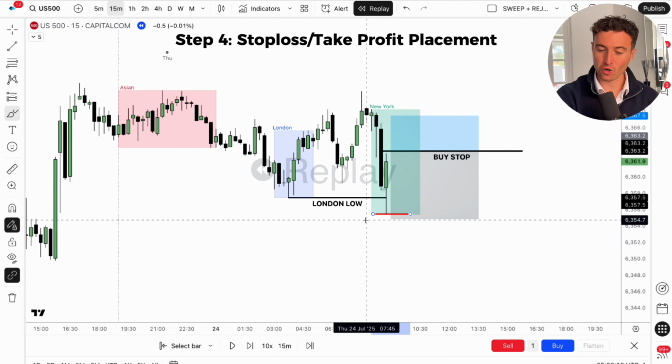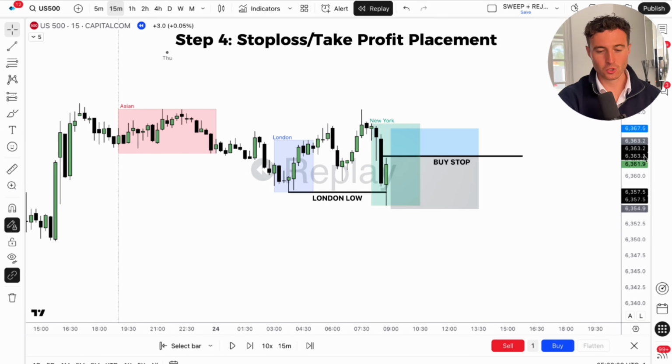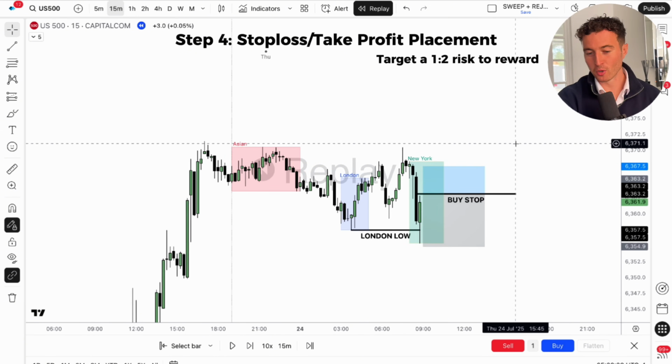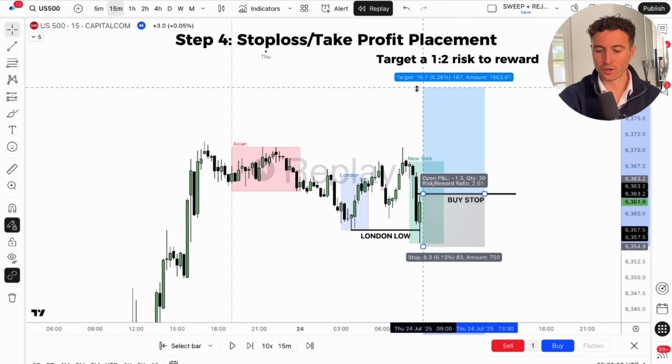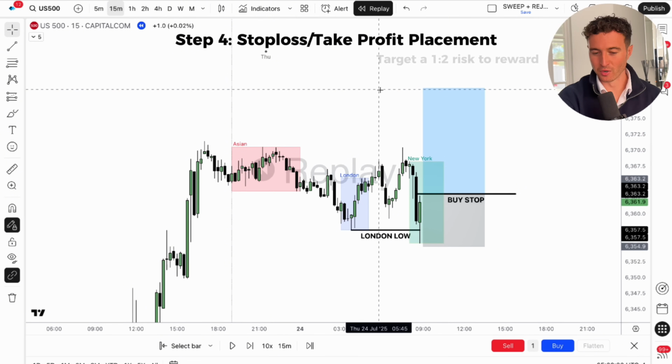This ensures that you're not getting stopped out prematurely. And then what I always do is target a repeatable mechanical 1 to 2 risk to reward. So we're not looking for a home run in the market. We're not looking for a crazy risk to reward. What we're looking for is to take a small, bite-sized, repeatable piece out of the market.